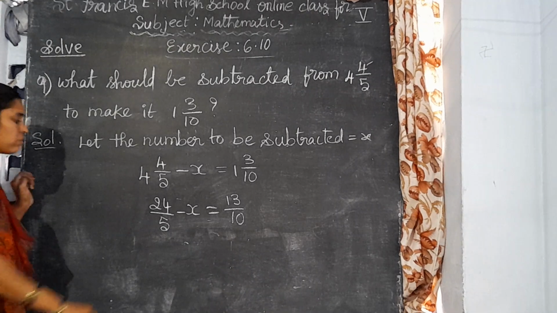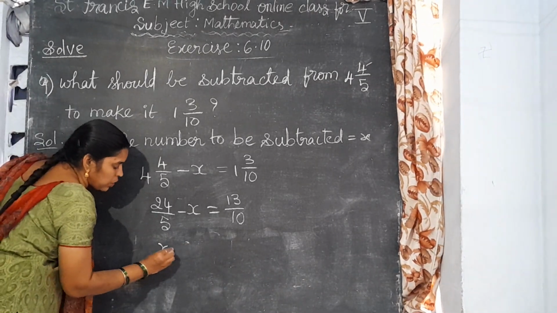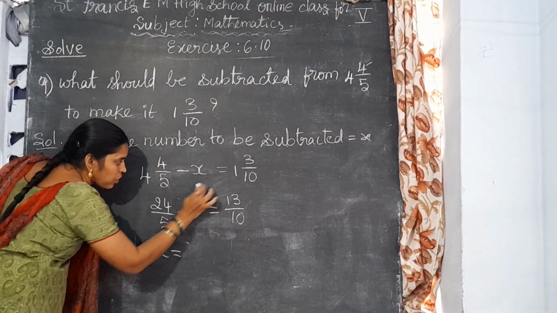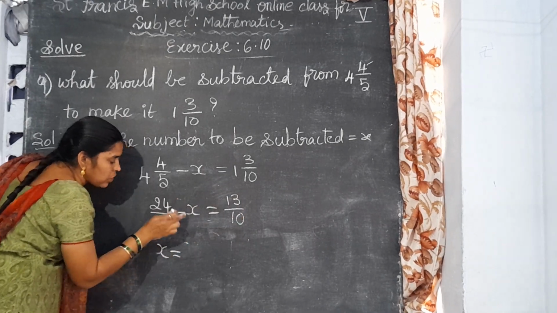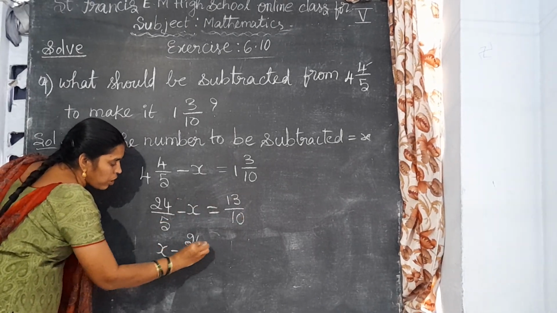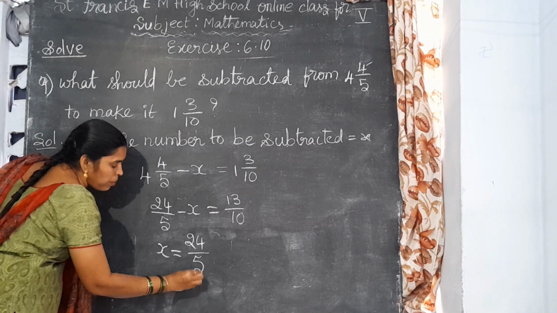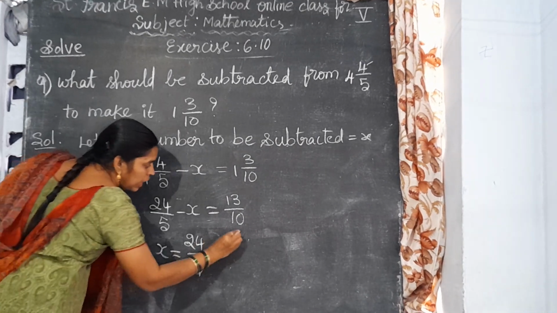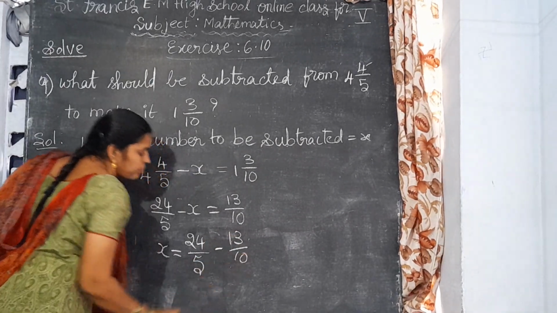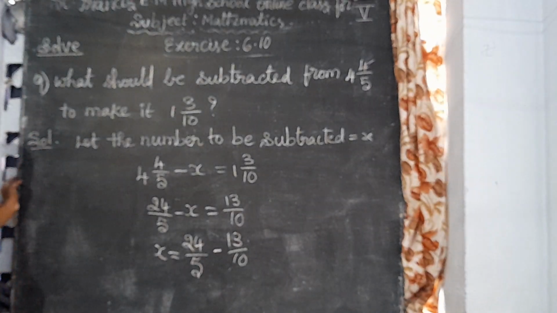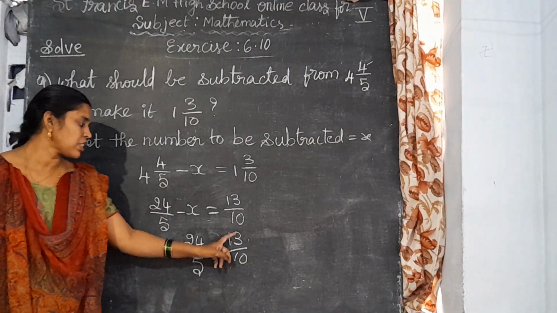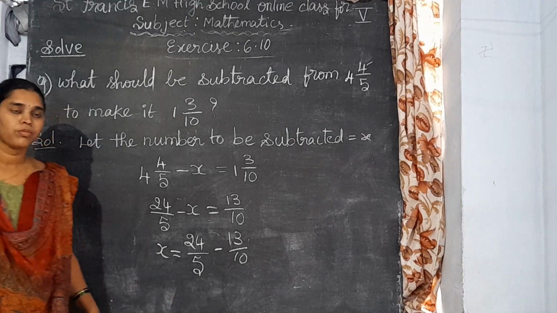Okay, now x is equal to, this one you take to that side and that one you bring to this side. Then 24 by 5 minus 13 by 10. Okay. Now see, these two fractions are not like fractions, no?